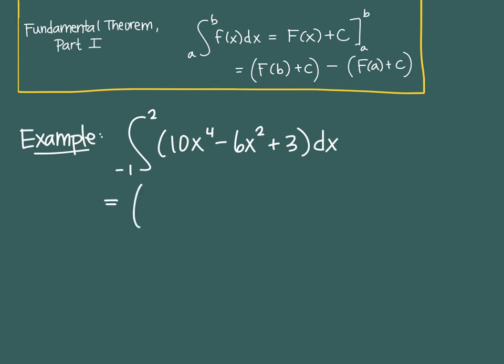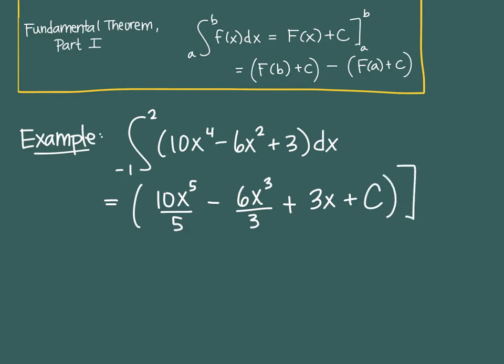The antiderivative of 10x to the 4th is 10x to the 5th divided by the power of 5. The antiderivative of 6x squared is 6x to the 3rd divided by the power of 3. The antiderivative of the constant 3 is 3x, plus the overall constant c. That is going to be evaluated from -1 to 2.